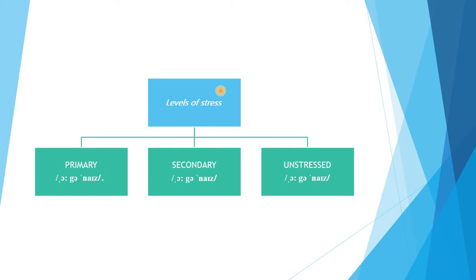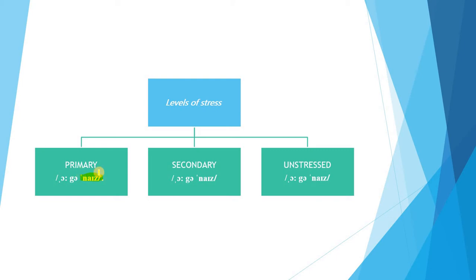In English, we have 3 levels of stress: the primary stress, the secondary stress, and the unstressed syllables. When I talk about the primary stress, I talk about the most prominent syllable in the word. Example here, this is the primary stress syllable, and it is characterized by its vertical line, which is up.